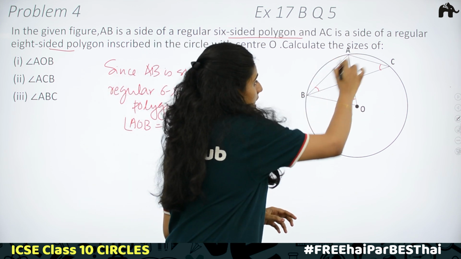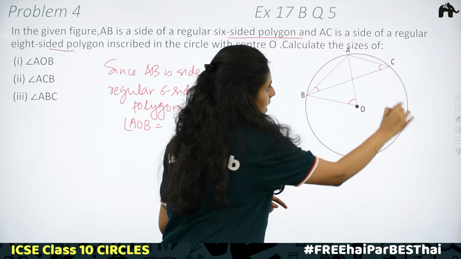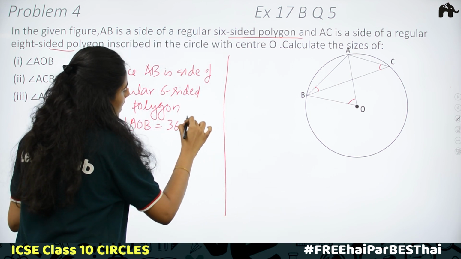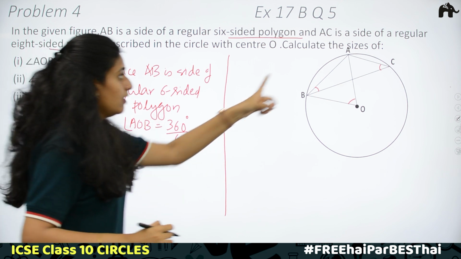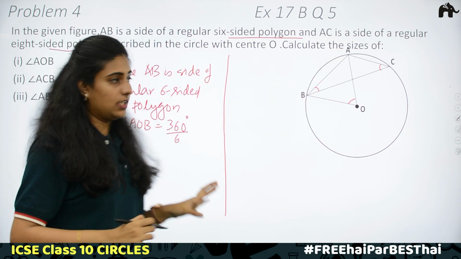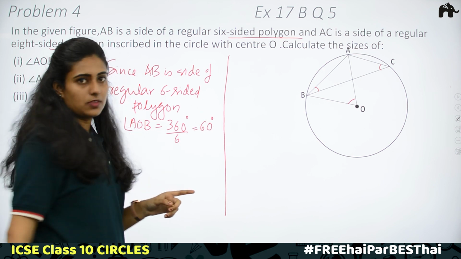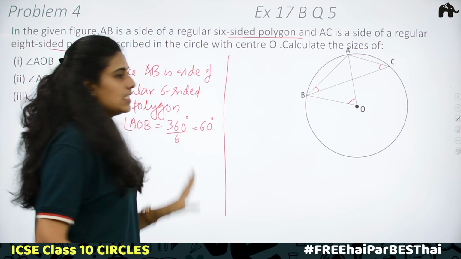Since AB is the side of a regular 6-sided polygon, we will be having 6 sides. Therefore, 360 divided by 6, that is 60 degrees. Okay, we get angle AOB is equal to 60 degrees.